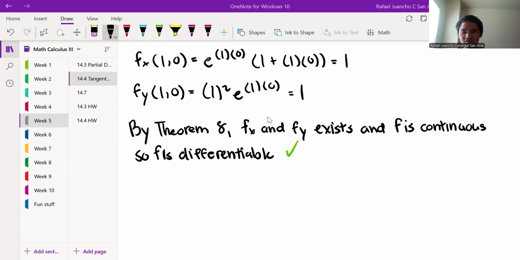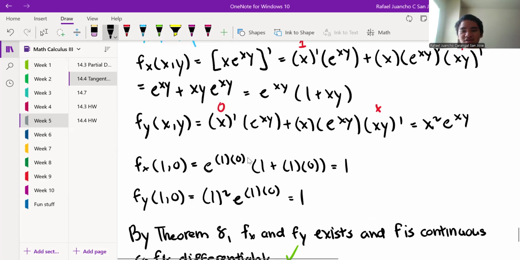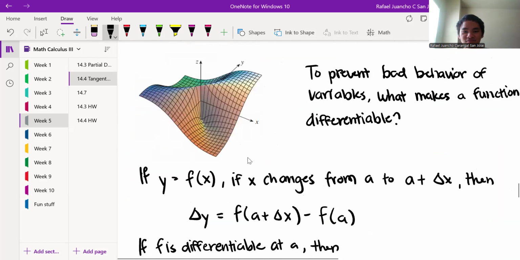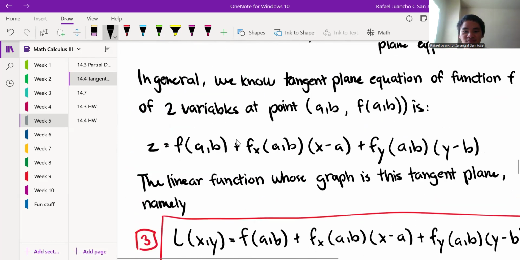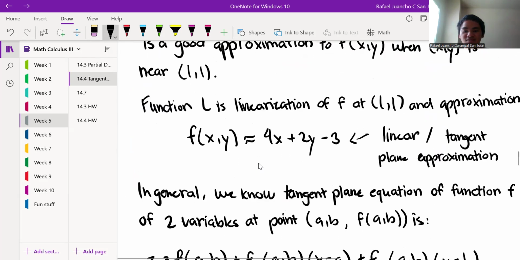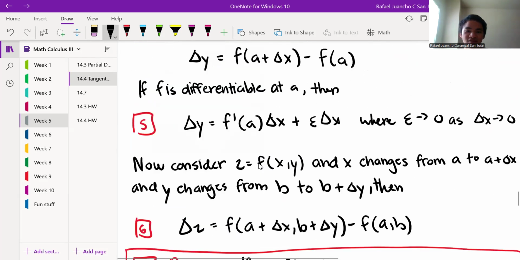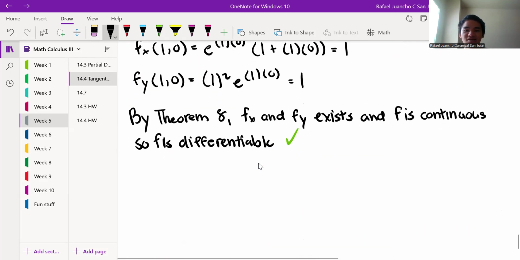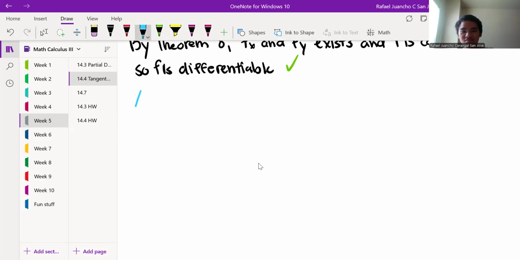So how do we find the linearization again? Well, we actually have to find the tangent plane equation first, like what we did in the previous one. And then from there, we just automatically use that as our linearization. So we find the tangent plane equation and simplify, right?